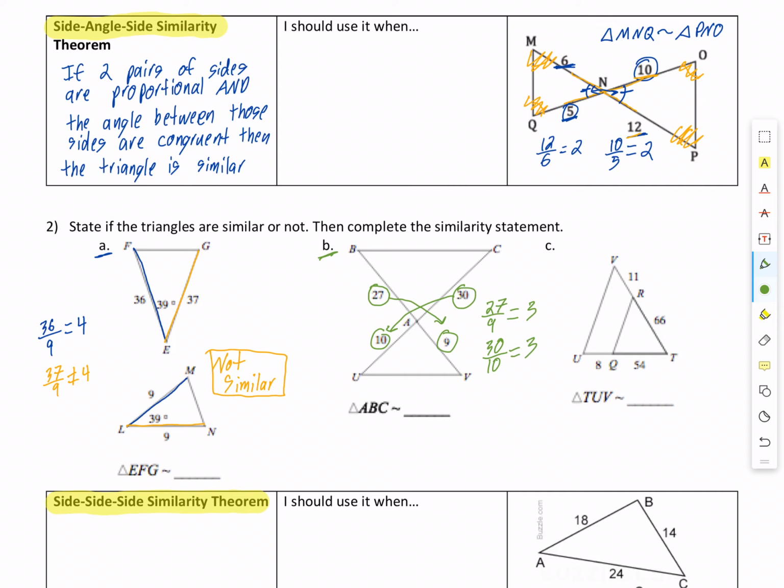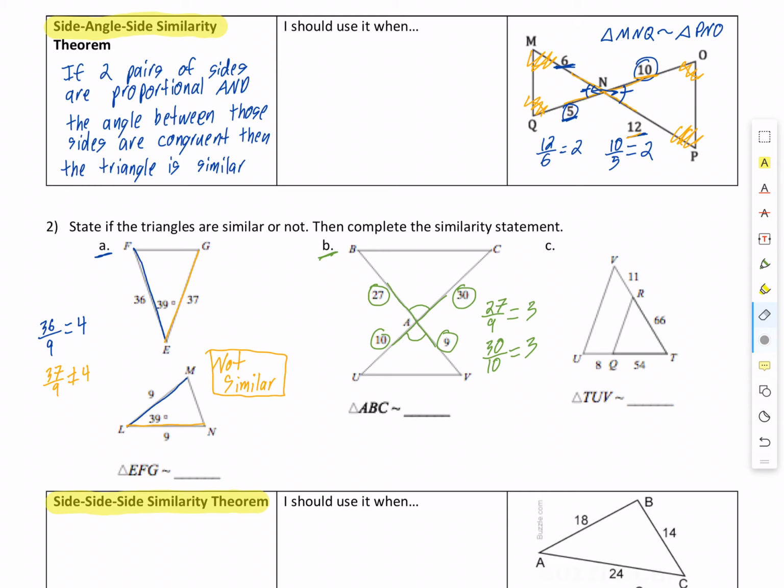Now we need to make sure that our angles are congruent. So we would need this angle to be congruent to this angle. But hey, what kind of angles are those? Vertical angles, because we have these two lines coming in and intersecting. So opposite angles are congruent, so those two would be congruent. But we really only care about those two there.